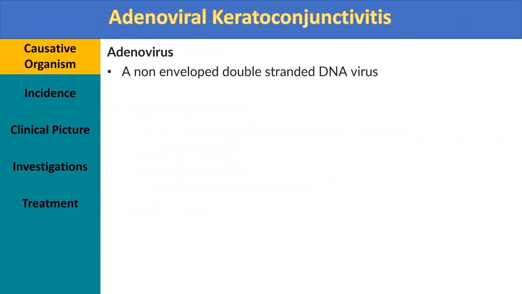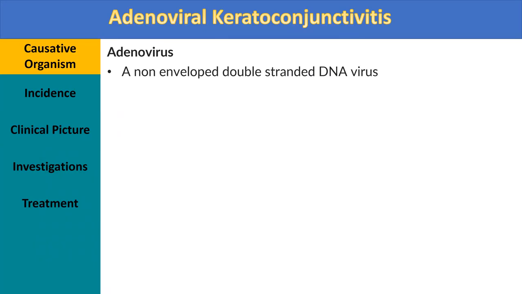Okay, so let's now move to infectious keratoconjunctivitis, and we start with the adenoviral. The first three, the allergic conjunctivitis caused by vernal disease, atopy, or giant papillary conjunctivitis, cause papillary conjunctivitis.